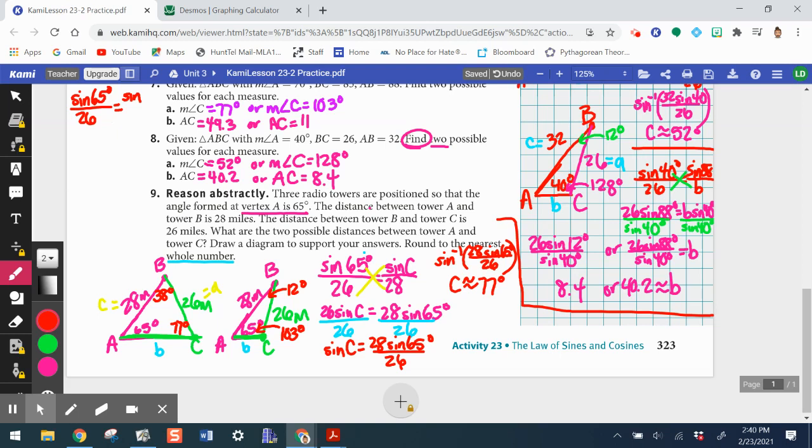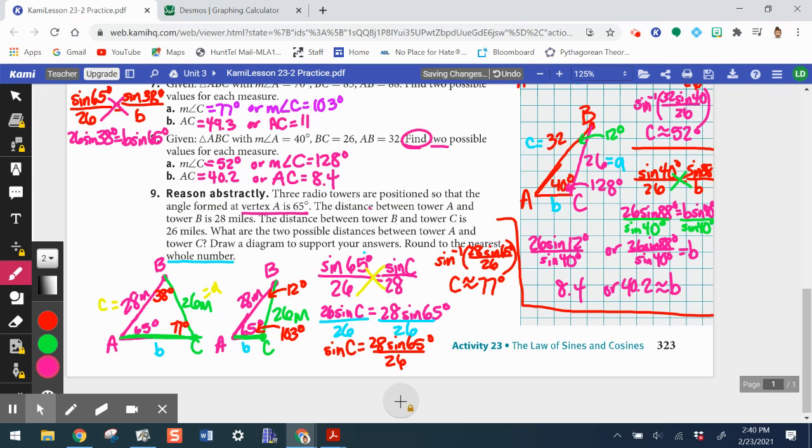So the sine of 38 degrees for our first possible triangle over its opposite side, which we're finding, which we call lowercase b, which is technically the distance from A to C. So we'll do a little cross multiplication here. We'll get 26 times the sine of 38 degrees equal to b times the sine of 65 degrees.